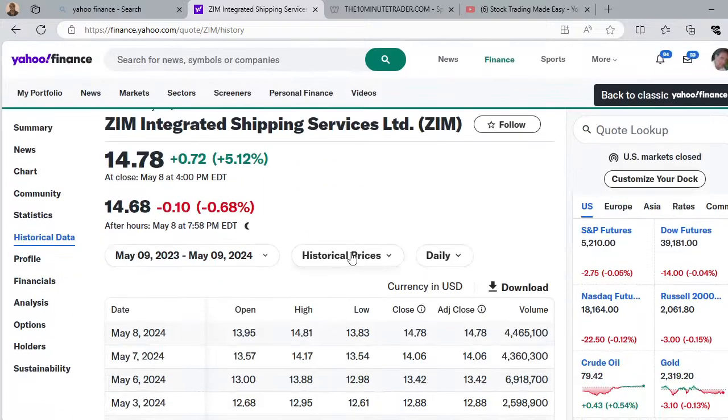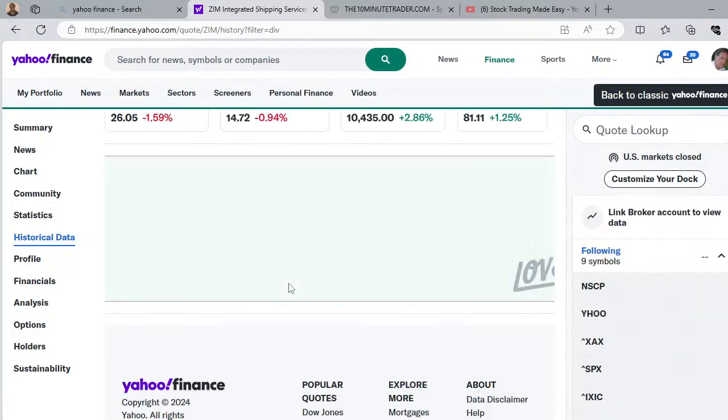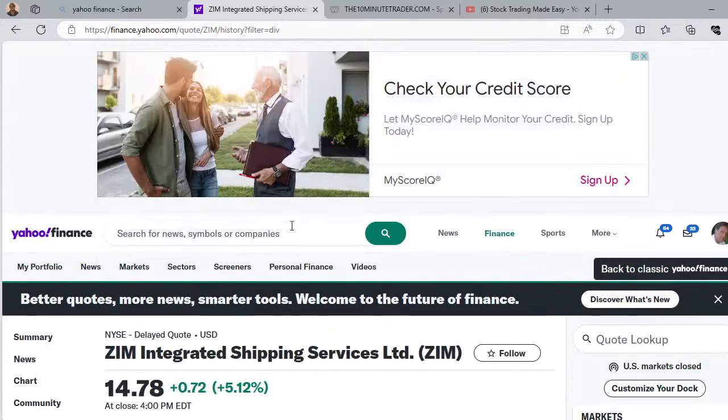I want to find out what dividends they pay. Oh, look at this. There are no dividends in this selected time frame. Zim doesn't pay dividends. So right now it's at 14.78, and they have a one-year target of 9.25. Why would I buy it? Seriously.